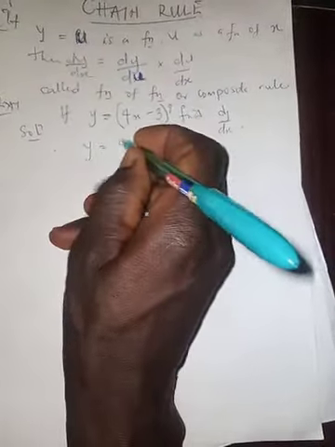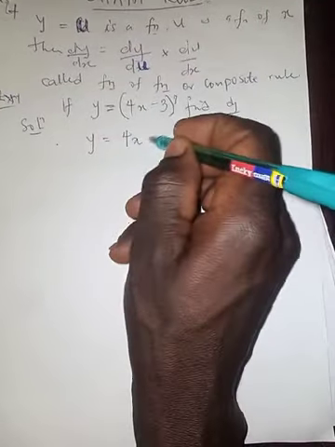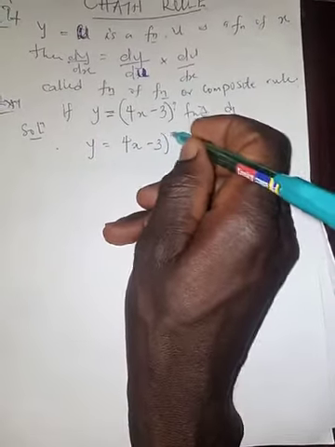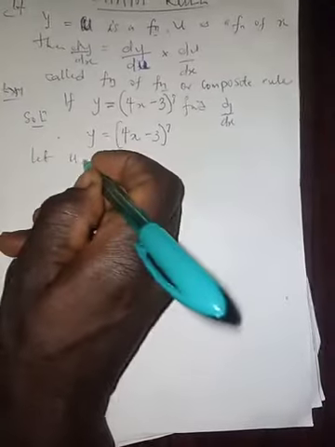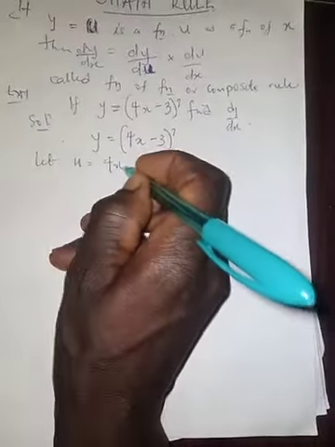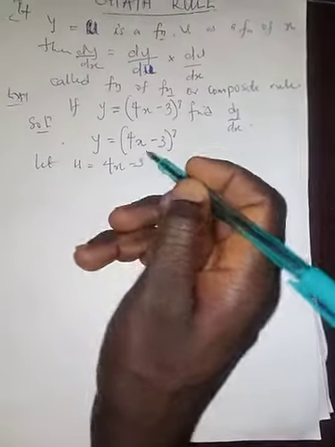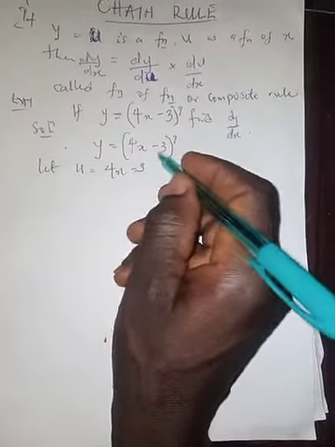Y equals 4x minus 3 raised to power 7. And in this function, we can say that let u equals 4x minus 3. Remember that this is the function inside the bracket.